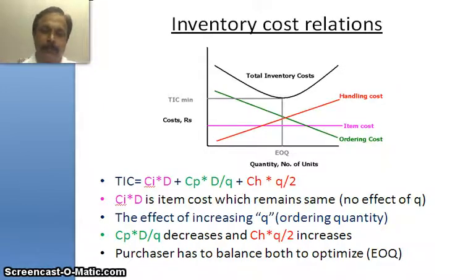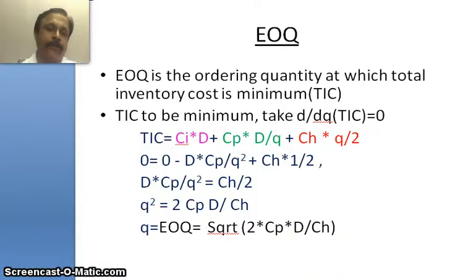If you look at the total inventory cost curve, there is a point at which the total inventory cost is minimum for a certain quantity of the order, and that quantity can be called the economic ordering quantity. Hence the economic ordering quantity can be defined as the ordering quantity at which the total inventory cost is minimum.